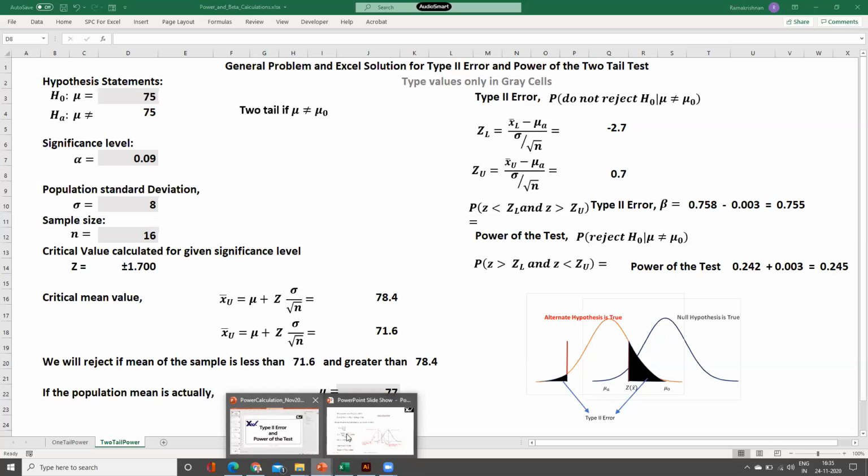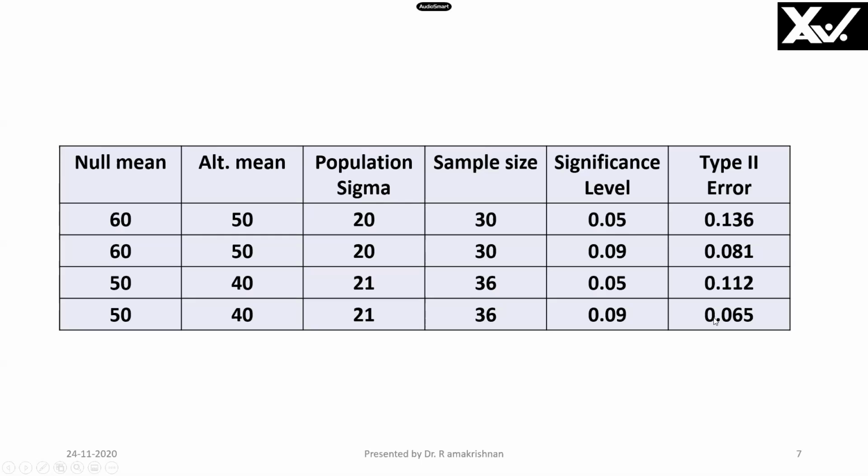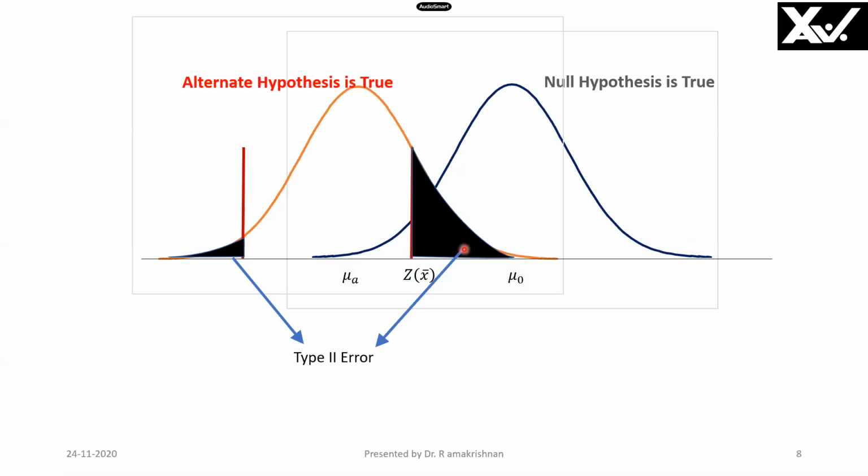And then we'll go back to this. And these are all the values we have seen. Just by substituting the values in the Excel table, we will get all these answers. Right? Now, this is for a two-tailed test. For a two-tailed test, the null hypothesis being true means this. You will have this area to the left and then one value here and the area to the right.